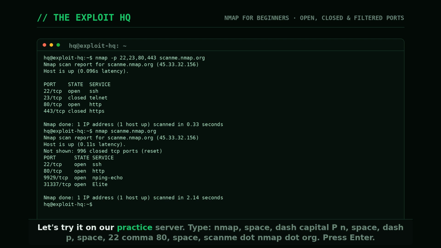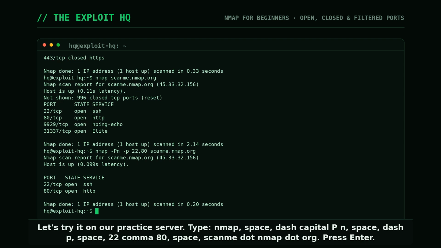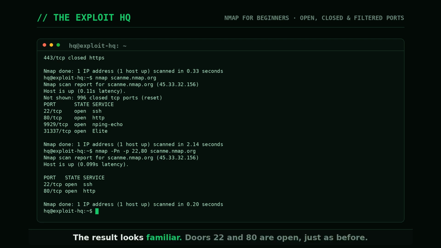Let's try it on our practice server. Type nmap space capital PN space -p space 22,80 space scanme.nmap.org. Press enter. The result looks familiar. Doors 22 and 80 are open, just as before.